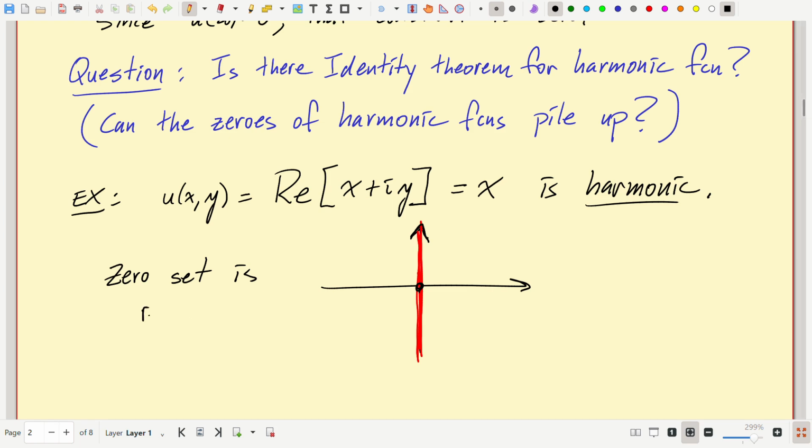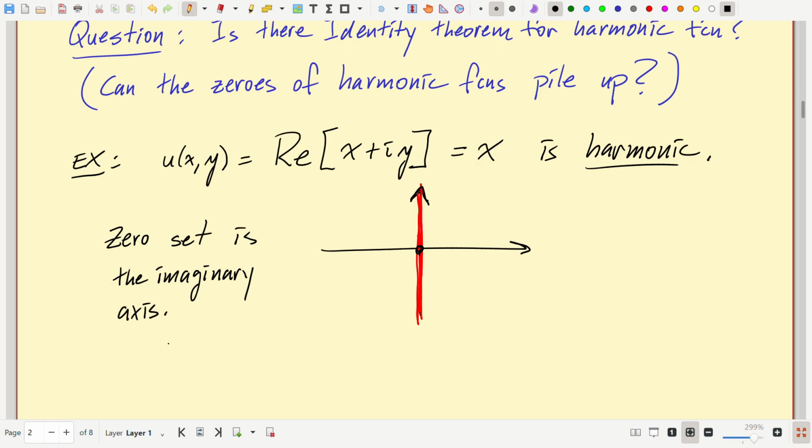So the zero set is that red line, the imaginary axis, which has gobs of limit points. And so there's no theorem that says if the zeros pile up, then it has to be identically zero.